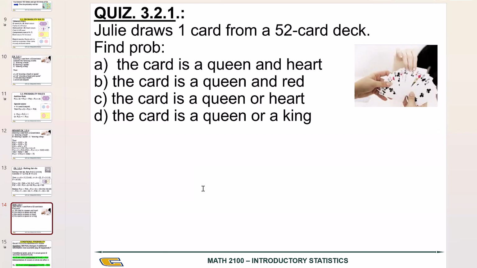But for sure, we can always make it more complicated. So what's the probability the card is a queen and heart, then queen and red, queen or heart, queen or king. So we have 4 questions, right? Let's think about it a little bit.